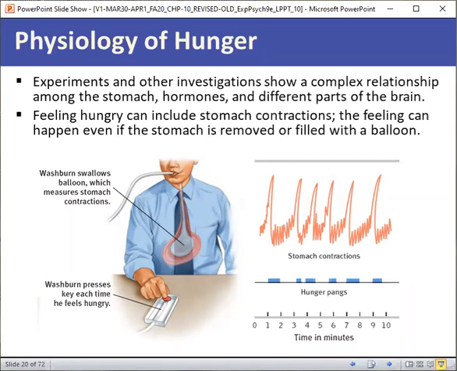And this person is going to press each time he feels hungry. The stomach contractions and the hunger pangs are correlated with one another. So we can see that this is one of those cues that tells us when we are hungry. That's when your stomach makes that noise that may embarrass you to a degree, but it's just saying, I'm hungry. We need something to eat.